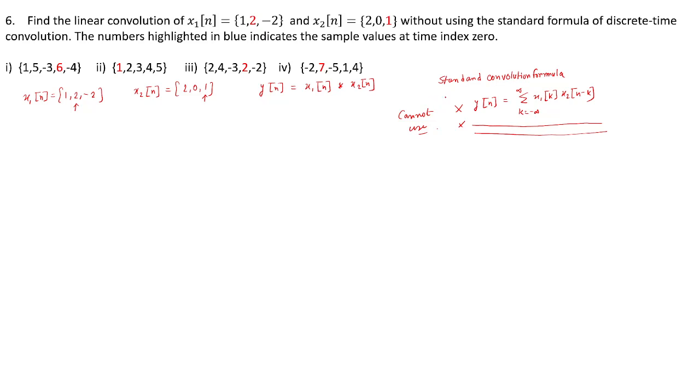Another way you can do it is using the matrix method, which is also a really cool thing to do. You can take both these ways to find the linear convolution, even if you are not allowed to use the standard convolution formula. So let us see the easiest one: you take everything to the frequency domain, and linear convolution then becomes multiplication in the frequency domain.